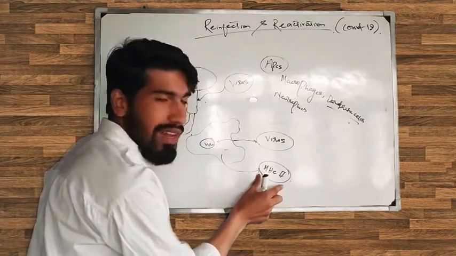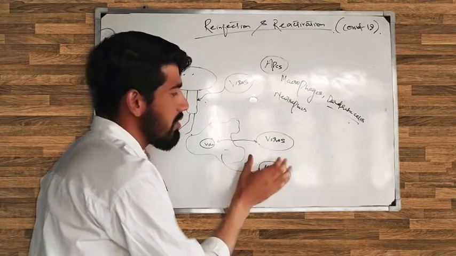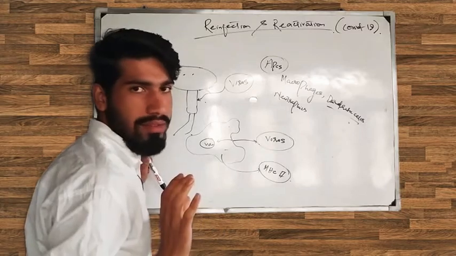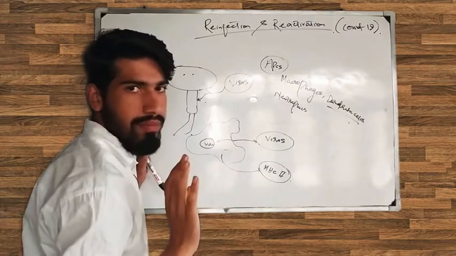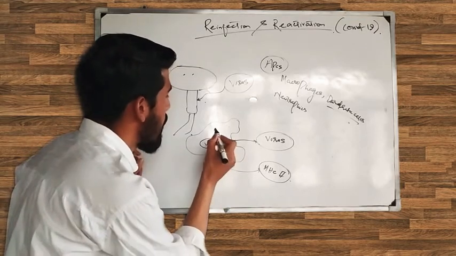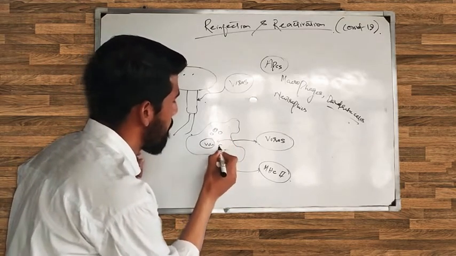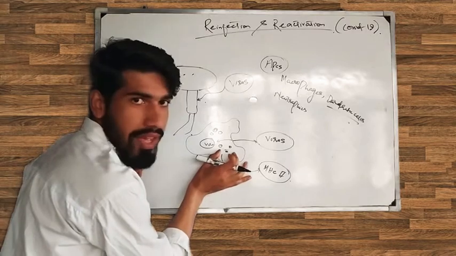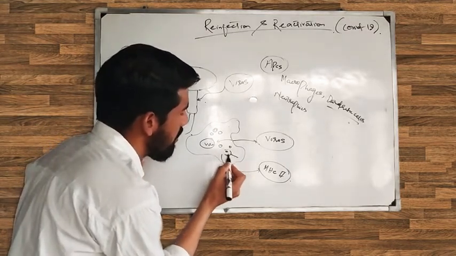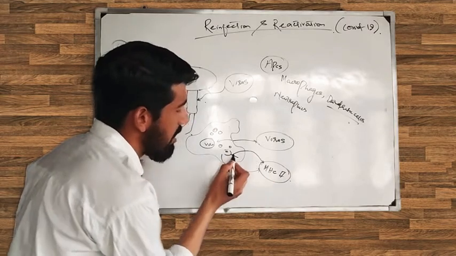The job of the MHC class 2 is to present the pieces of the virus, or pieces of the pathogen, to the rest of the body. Suppose these are the pieces of the virus. Here is the MHC class 2.